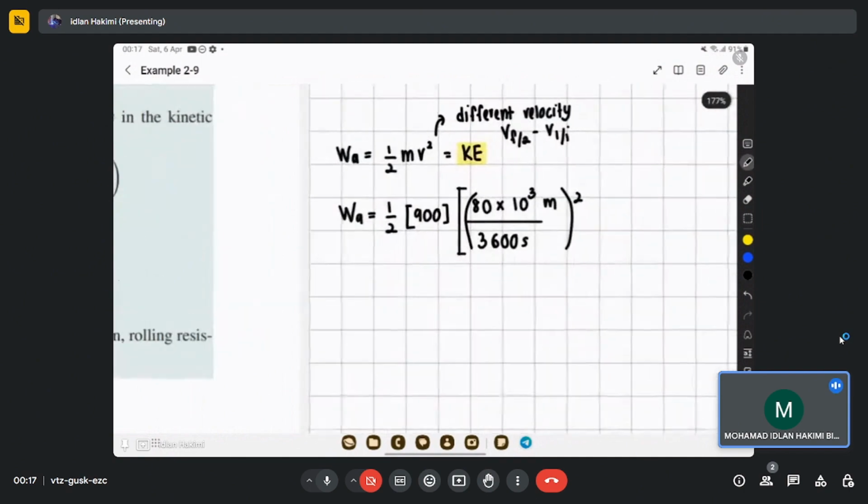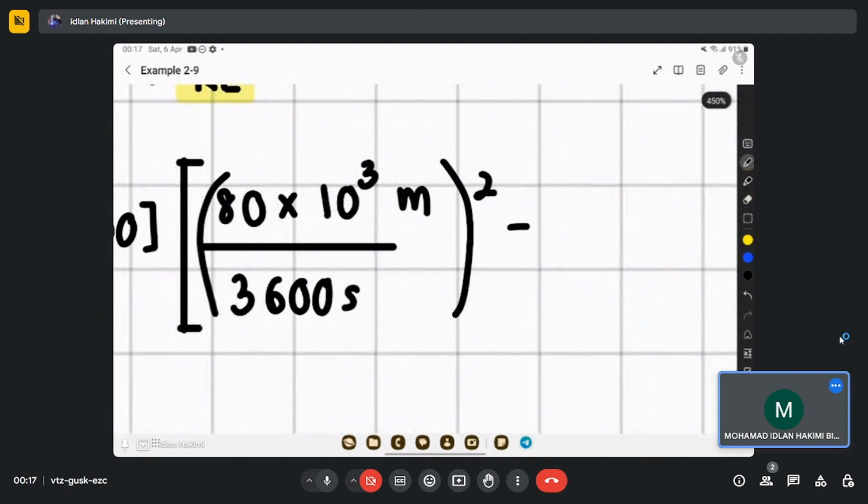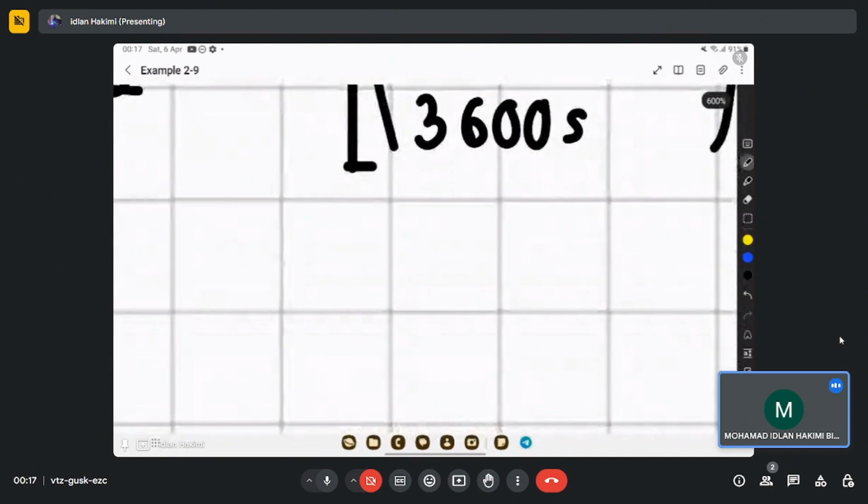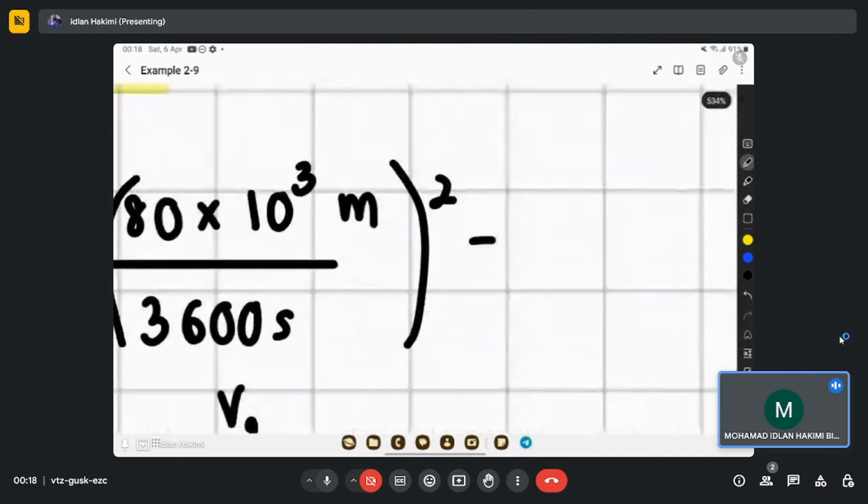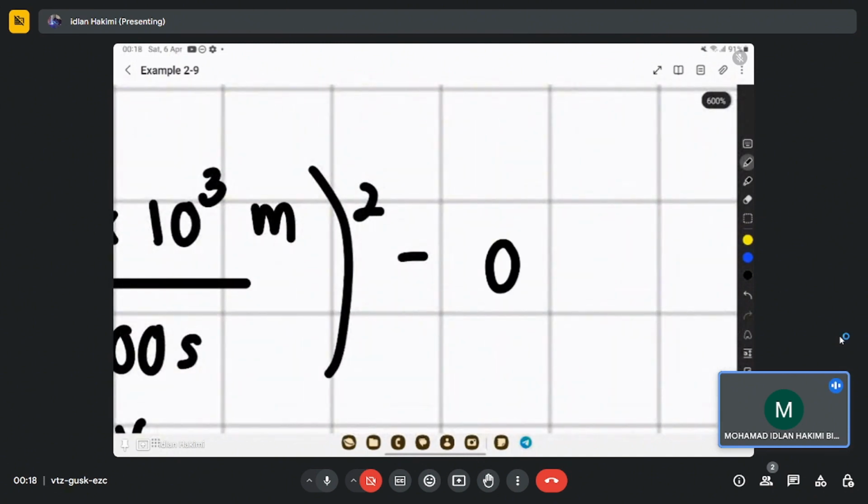Here we subtract V final, or V2, minus V1, which is 0 because it starts from rest.